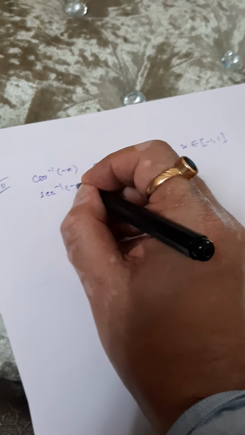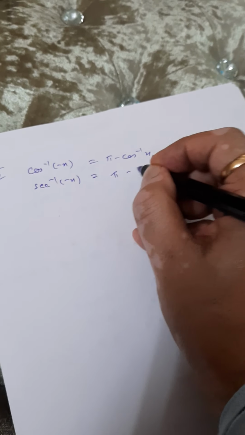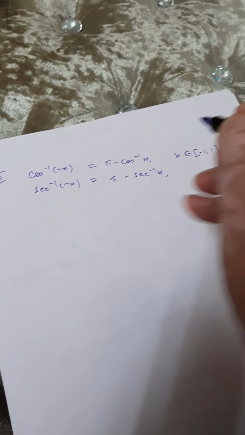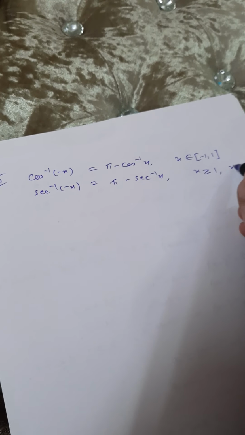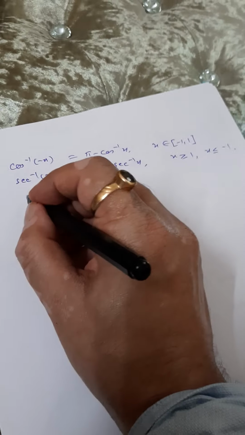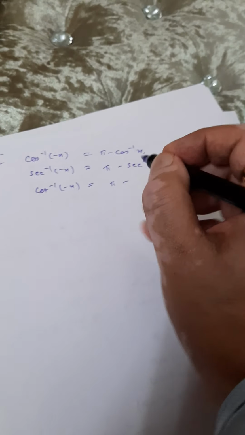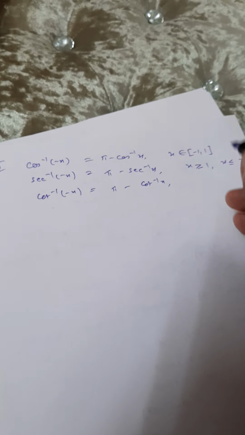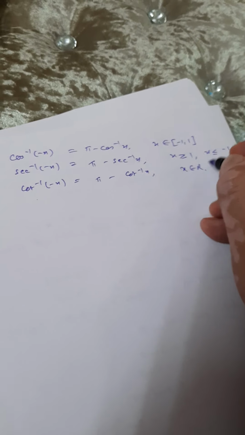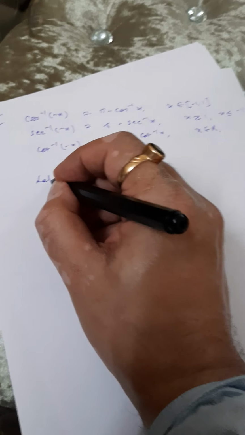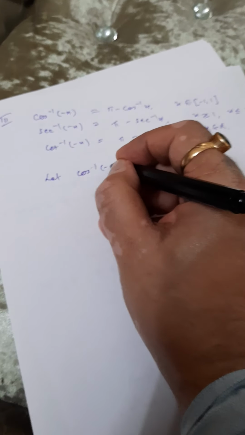Sec inverse minus x is pi minus sec inverse x, x is greater than or equal to 1, x is less than or equal to minus 1. And cot inverse minus x equals pi minus cot inverse x, x belongs to R.